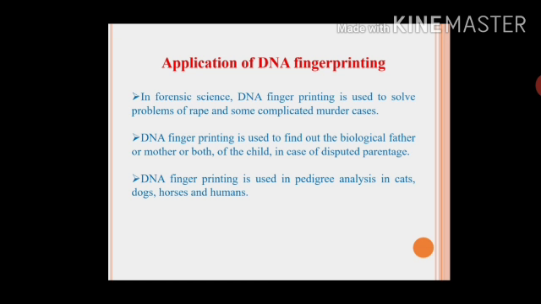Then DNA packaging in prokaryotes and eukaryotes. Then protein synthesis, in which transcription and translation. Then the next point is the genetic code. Then the most interesting concept, operon concept. And in this video, genomics, human genome project and DNA fingerprinting.